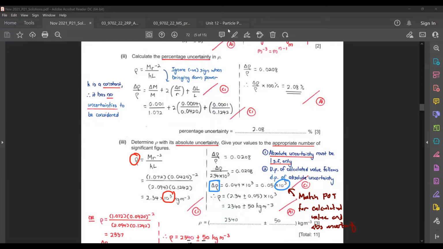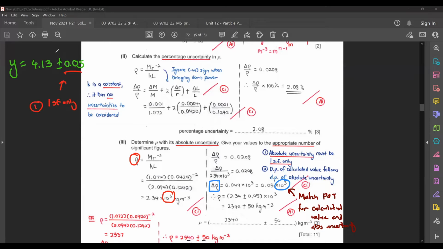Okay, because there was one rule that you would have learned last time when expressing a calculated value with its uncertainties. That one was this one. If let's just say I told you y is equals to 4.13 plus minus 0.05, the first rule was that this one is 1 SF only.